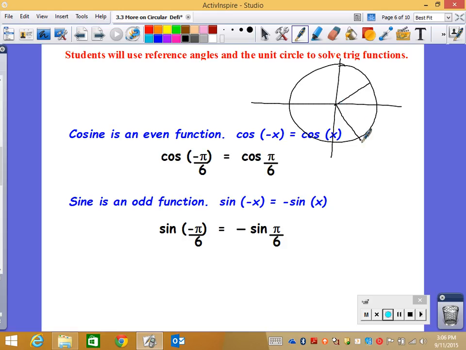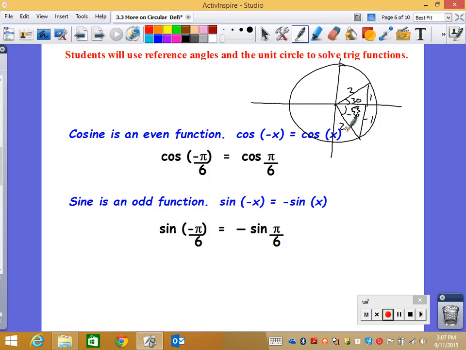And I'm going to make my special triangles in the unit circle for my 30-degree angles. Remember, opposite the 30 is 1, hypotenuse is 2, and it's square root 3 along the x-axis. For the negative angle, it's a negative 1 going down on the y, positive 2, and still a positive square root 3.